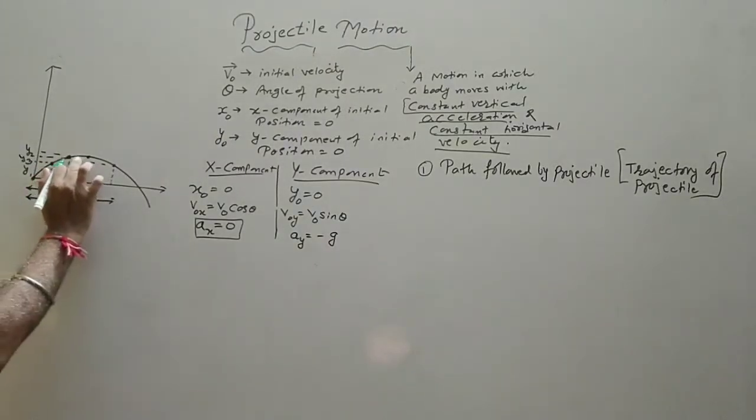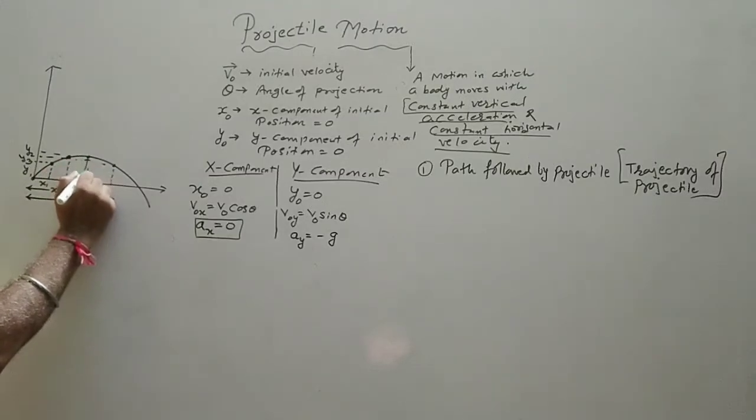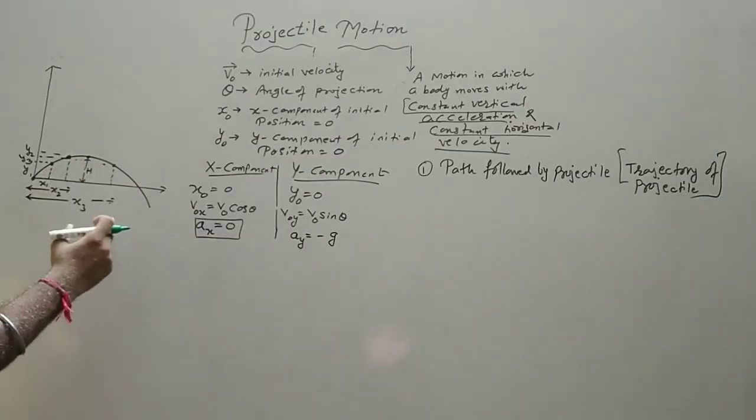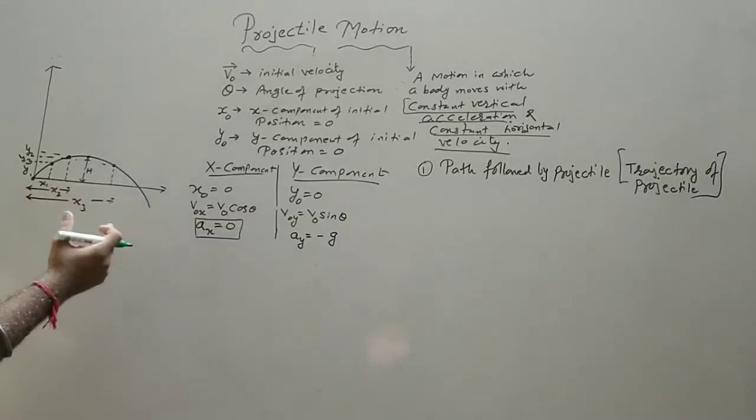This vertical component will be denoted by capital H. Capital H means the height achieved by the projectile, that is the maximum position. So that will be the x component and this will be the y component. So here the y component will be denoted by H. So at different instants, the coordinates will keep on changing.